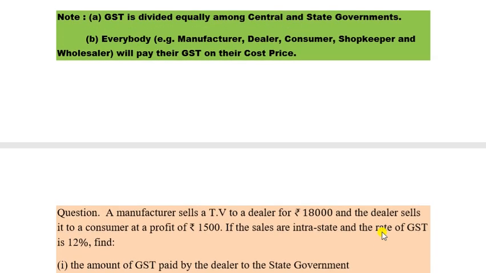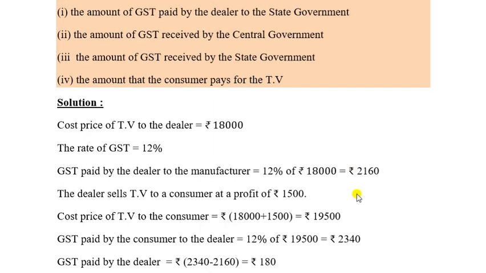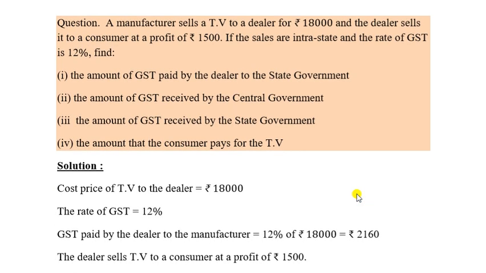Now we are going to explain all these terms of GST with the help of one question. First, you read this question clearly. A manufacturer sells a television to a dealer for 18,000 and the dealer sells it to a consumer at a profit of 1500.